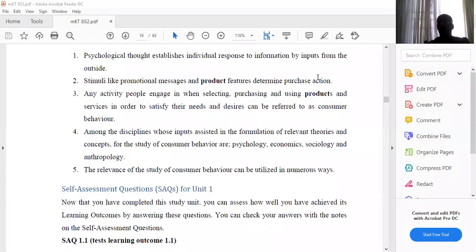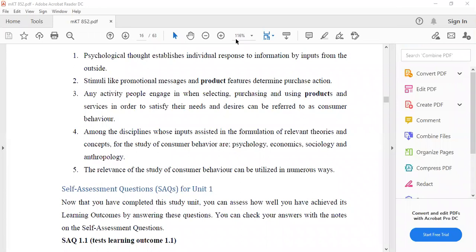So we are stating categorically that promotional strategies provide input from the outside and could determine our behavior.